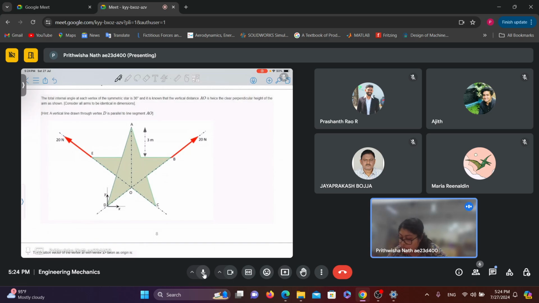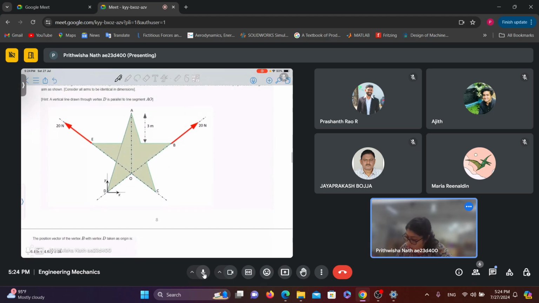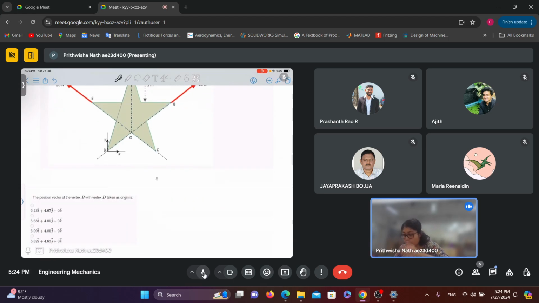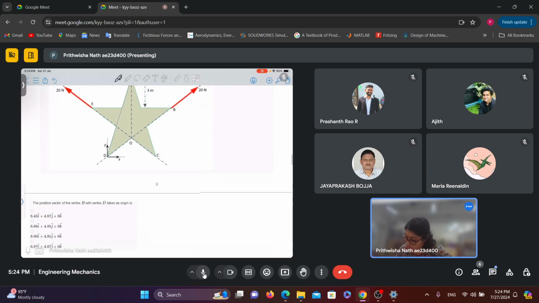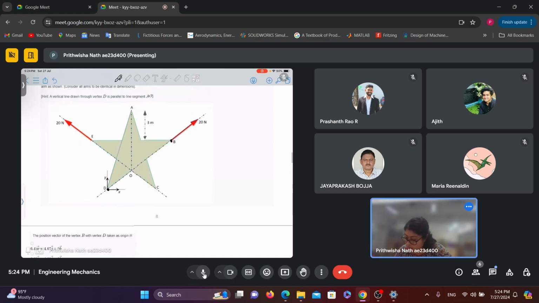And it is known that the vertical distance AO is twice the clear perpendicular height of the arm as shown. We are asked to find the position vector of the vertex B with respect to vertex D. So, D is taken as the origin as per the question.